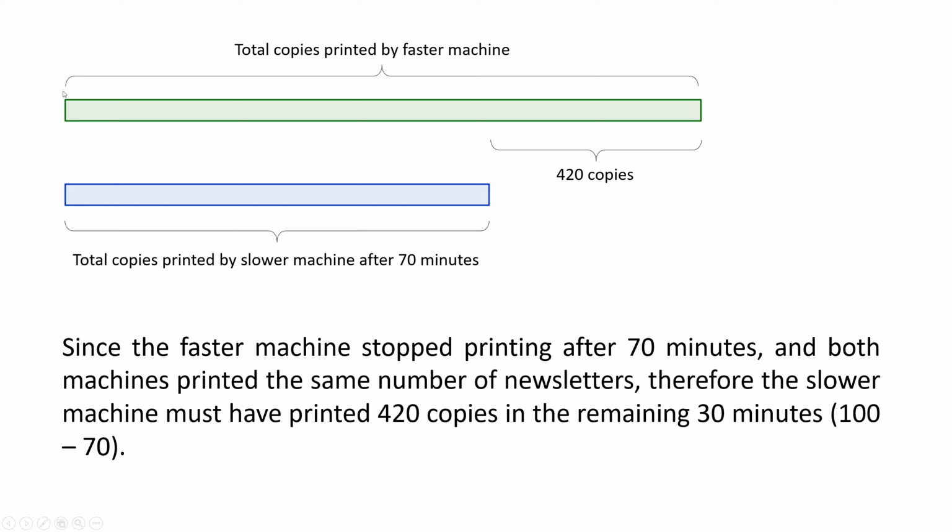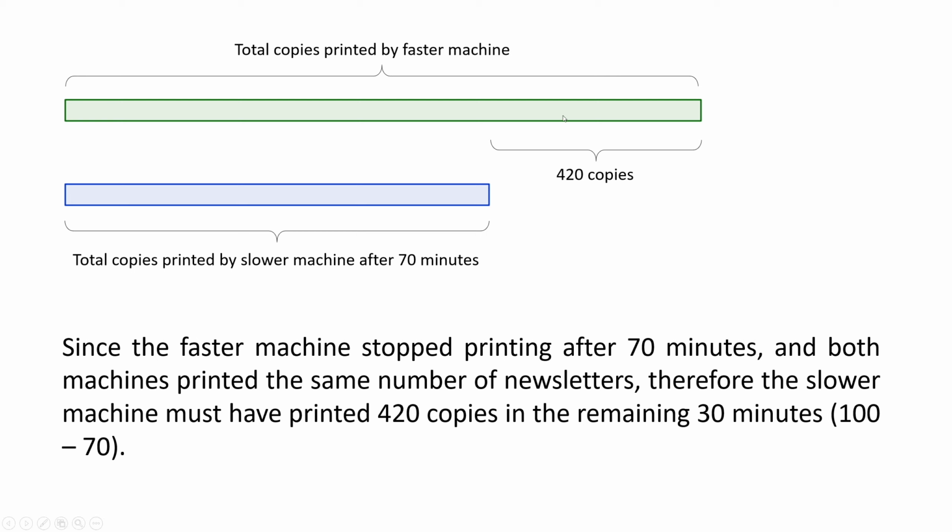So if we look at the block diagram, we have replaced this with 420 copies. So since the faster machine stopped printing after 70 minutes, and both machines printed the same number of newsletters, therefore the slower machine must have printed 420 copies in the remaining 30 minutes.